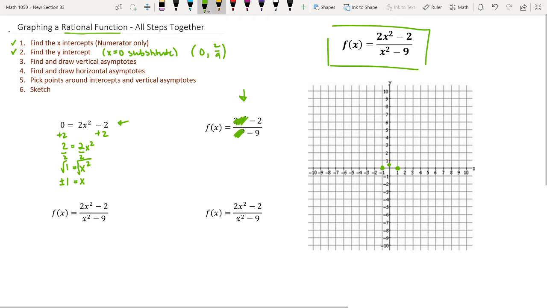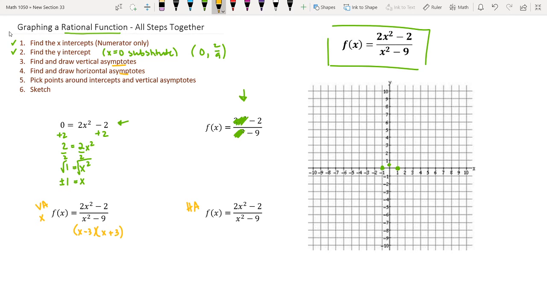Okay, the next thing I want to do is find my asymptotes, vertical and horizontal. We'll start with the vertical, and then do the horizontal, because we really can't graph until we know our limits. The vertical, if you remember, works with our x values, and we talk about the denominator. Because it is squared, I can factor it.